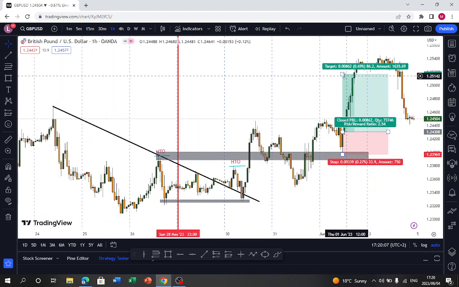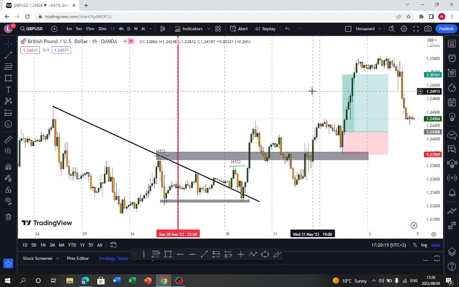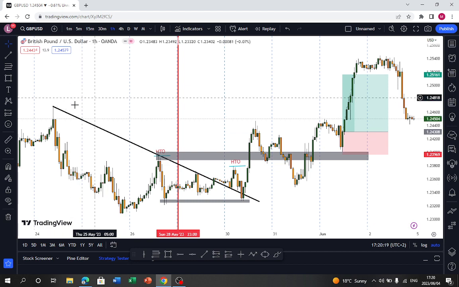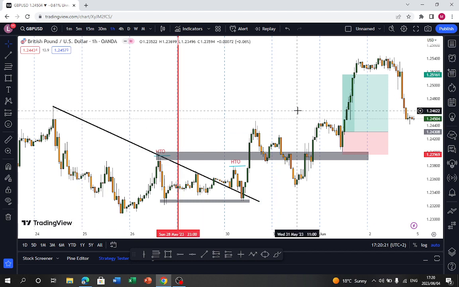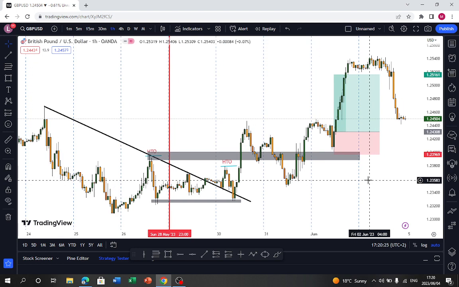So we took a 1 to 2.5, though the safest is always 1 to 2 in cases like this where your TP is not very clear. So we were able to catch this buy on GU, right?